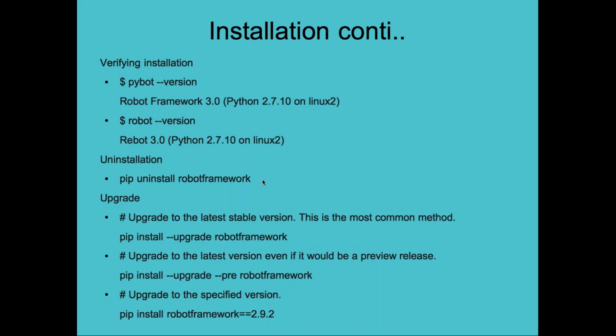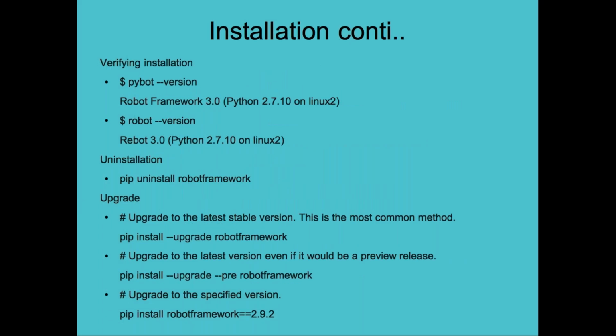The next step is to verify the installation. For Python, how do we verify? python --version. Similarly, Robot Framework also you have to verify after installation. For that, Robot supports two commands: one is pybot and the other is robot.